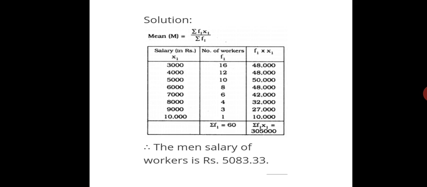Like that, when you add all that, that gives you sigma fi xi, that is 3,05,000. Now the number of observations is 60. So you have to divide this 3,05,000 by 60. So that gives us 5,083.33. So that is the mean salary of the workers.